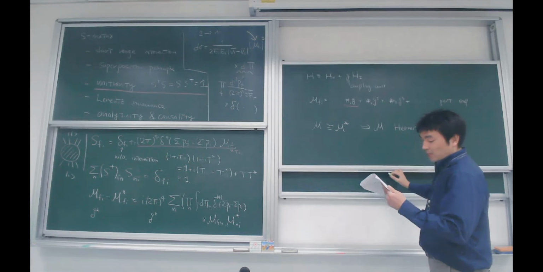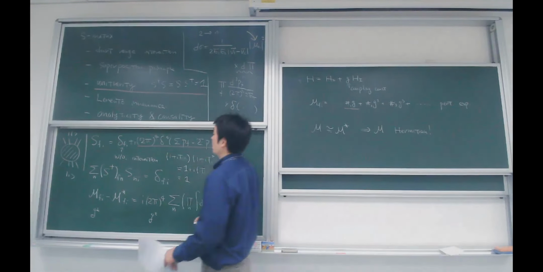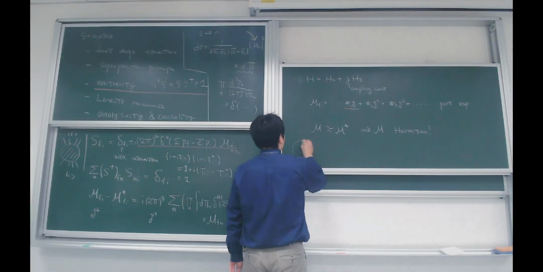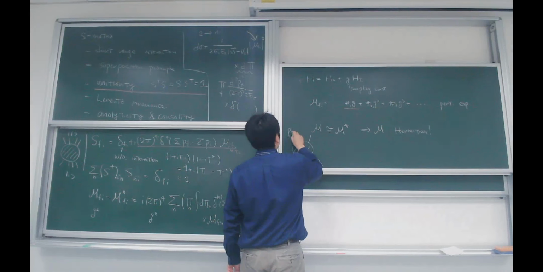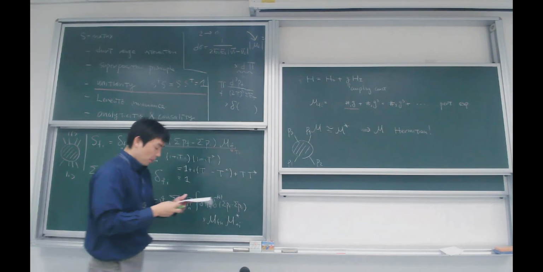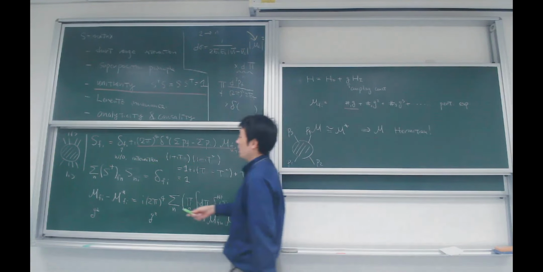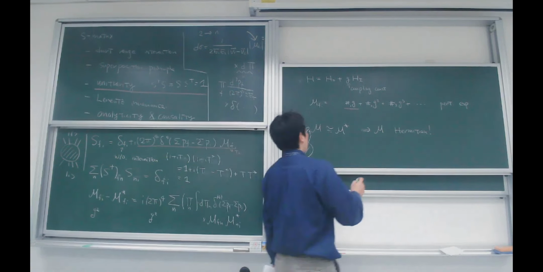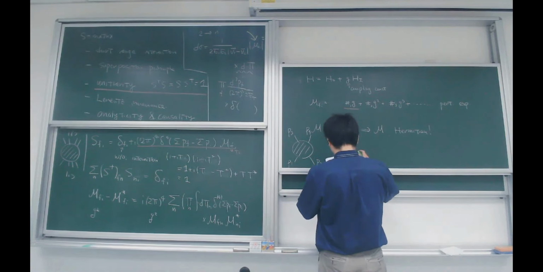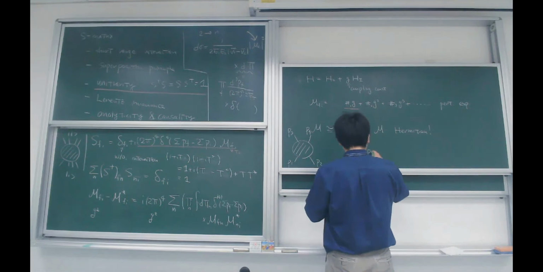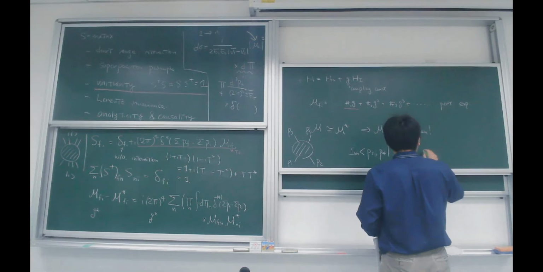So if you consider this process as a 2-to-2 process and sandwich the matrix, this means that M minus M dagger is the imaginary part of P3, P4, M, P1, P2, times 2.